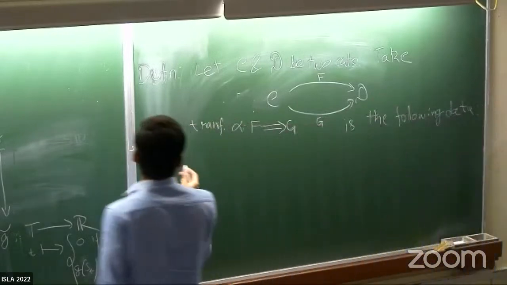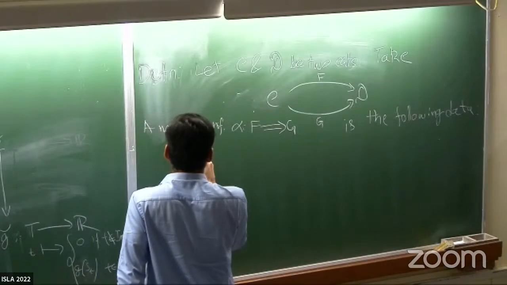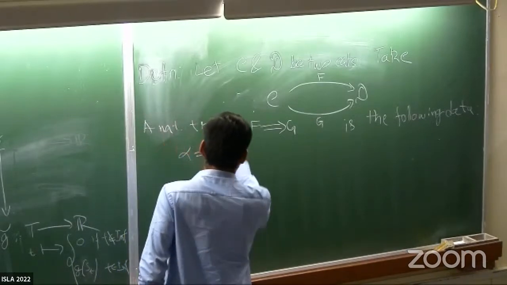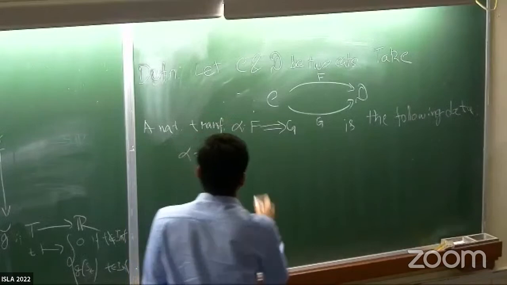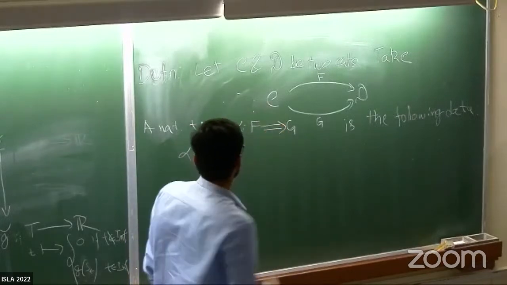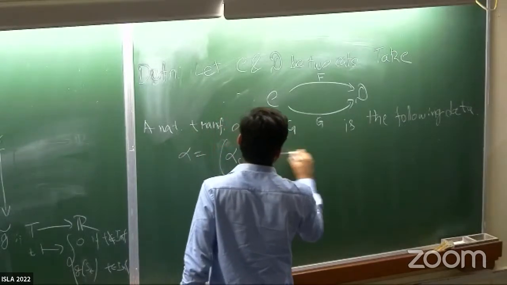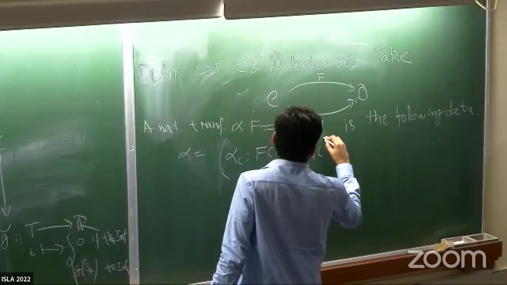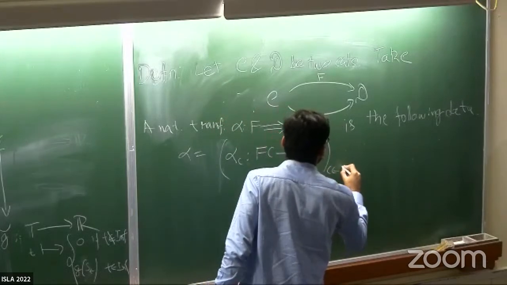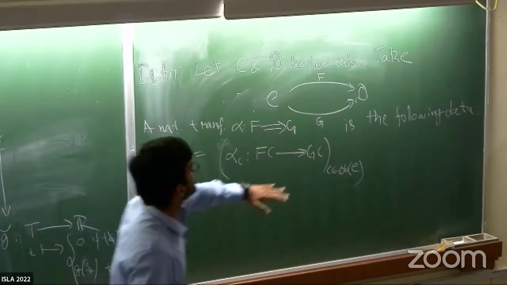You have a collection of arrows, one for each object of category C. This will be alpha sub C from FC to GC, where C is in the objects of category C. This is just the data.